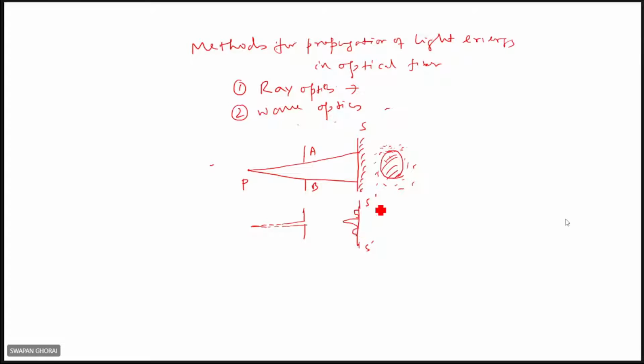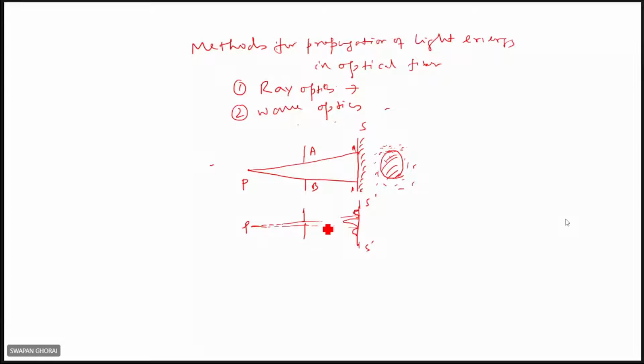But in this case, if this aperture is very, very small, of the order of millimeters, you will not get the sharp boundary as this. That means in the shadow portion also you will get some light. If you consider the ray, it will go up to this point, but beyond this ray there is no light when the dimension is large.